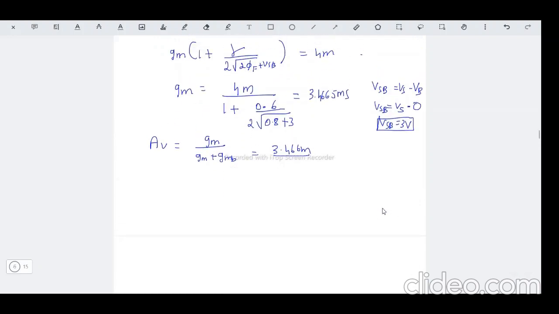So gain finally would be 0.867 volts per volt. So this is what was asked in the question. Thank you guys.